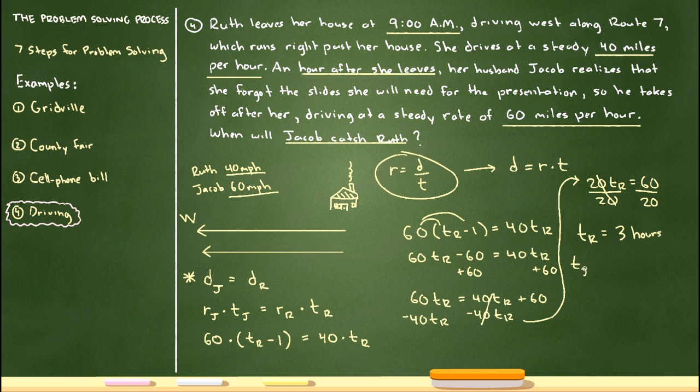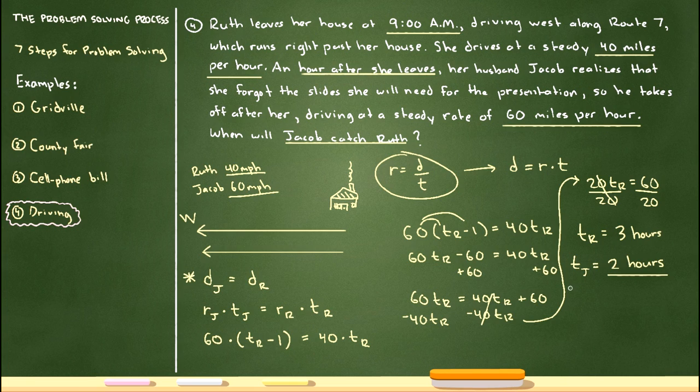But Jacob, he left an hour after her, so he's only been traveling for 2 hours. Okay. So it's a little ambiguous here, what they're actually asking for. So when will Jacob catch Ruth? You could say, well, he'll catch Ruth in 2 hours. So this is one possibility for a final answer.